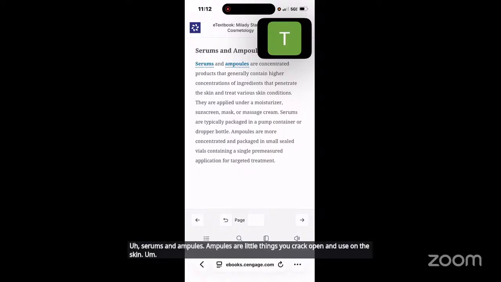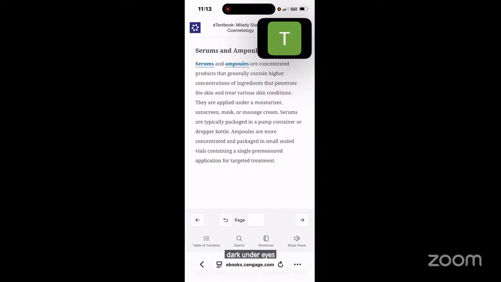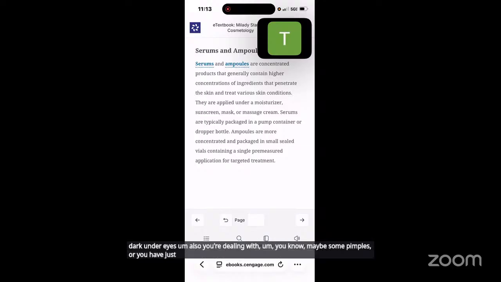Estée has a lot of ampules, has a lot of serums, and serums are for targeted areas of improvement. Dry skin, dark under eyes, also you're dealing with maybe some pimples, or you have different things going on with the skin when it comes to pigmentation. So these serums can work throughout the day. I do like to see them in morning routines and night routines as well.